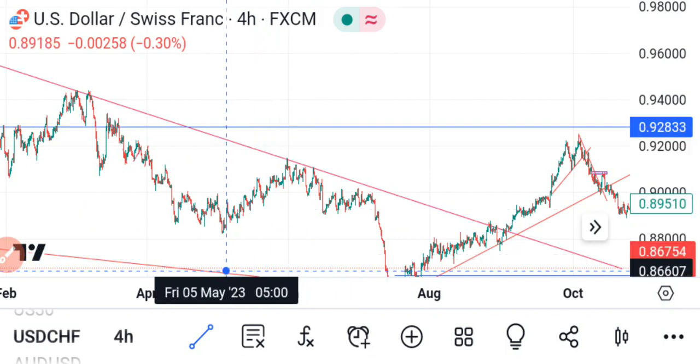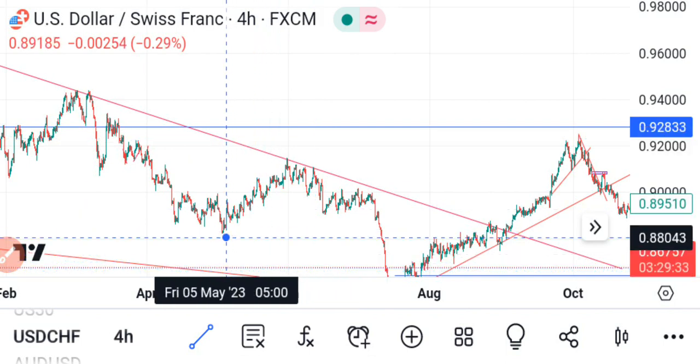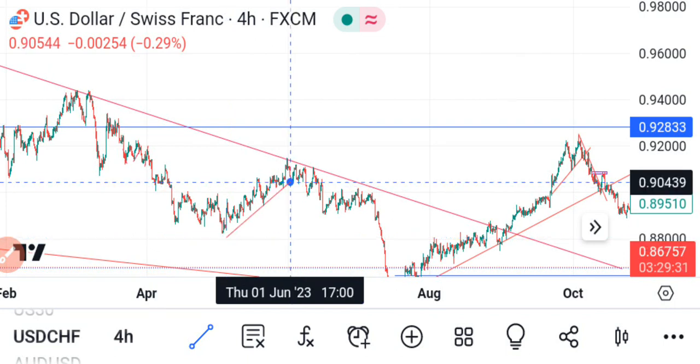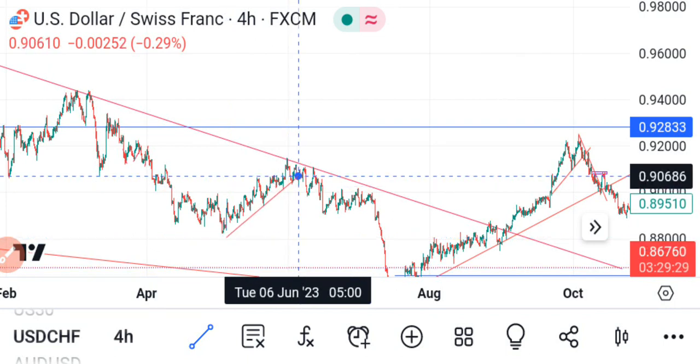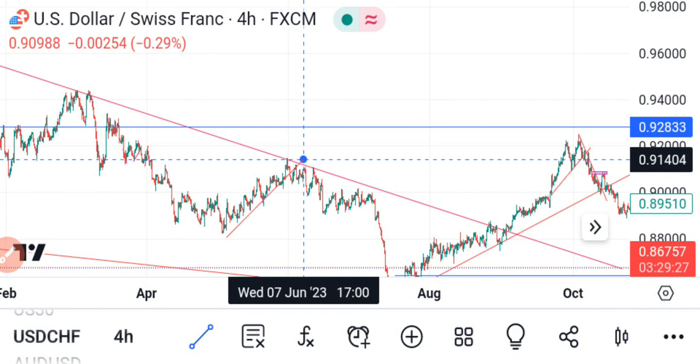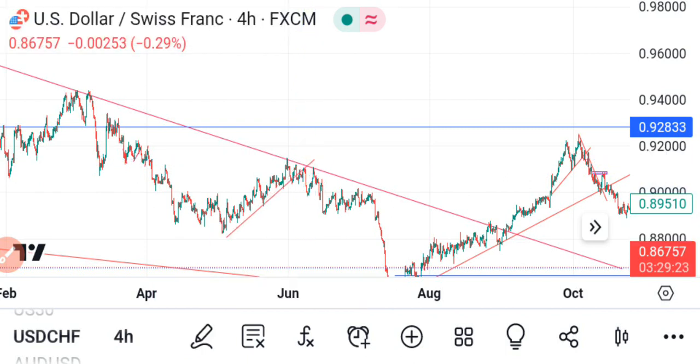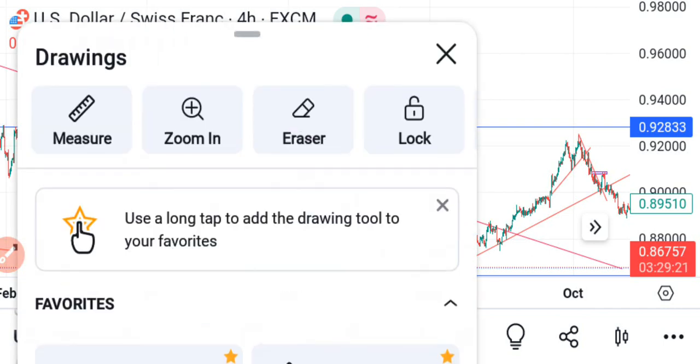I call this a rising channel because it's actually moving with the trend.